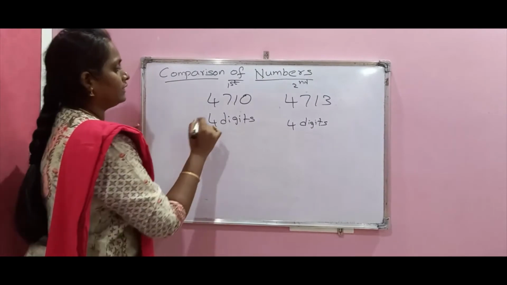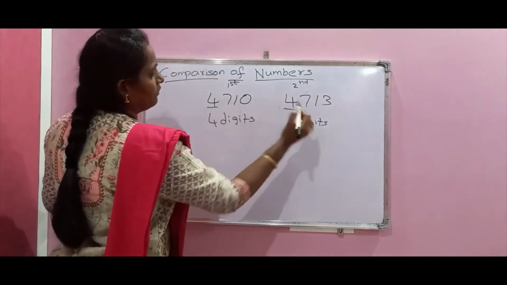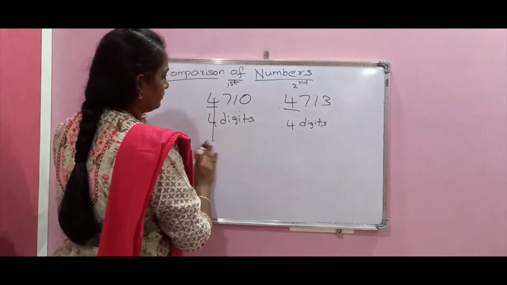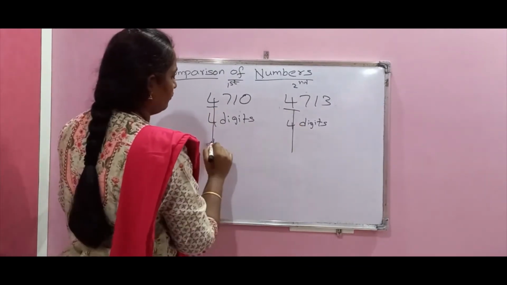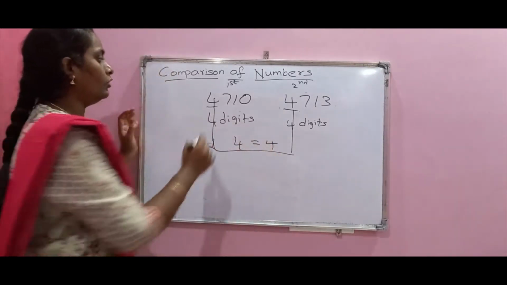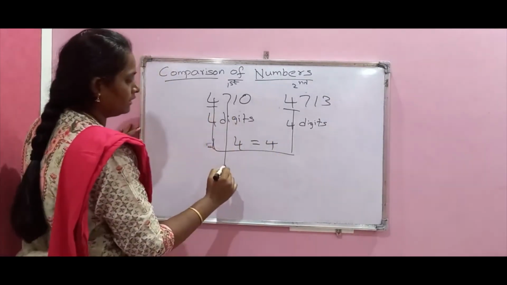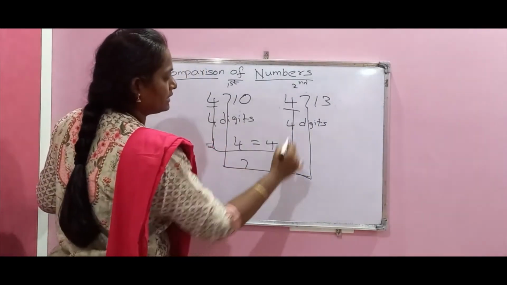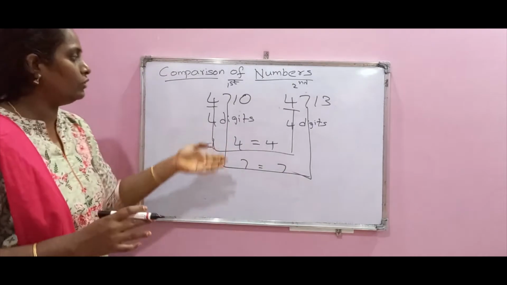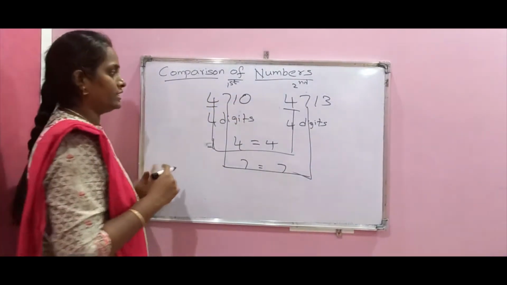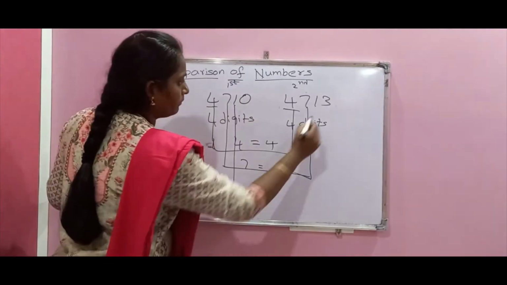Now we'll check the first digit. Here 4 is there, and here 4. So these two are equal. Now go to the next digit. Here 7, here 7. These two are also equal. So go to the next digit to check the greatest number. Here 1, here 1.